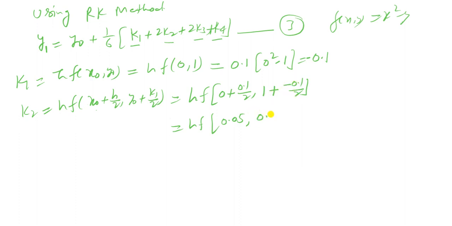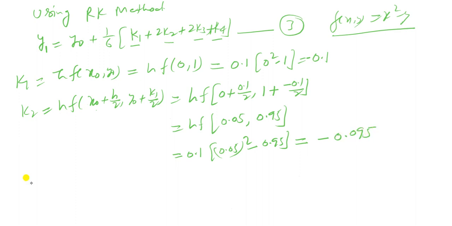So this will be 0.95, and using f of x y is equal to x square minus y, h is 0.1, 0.05 square minus 0.95. Simplify this with the help of the calculator, then we obtain negative 0.095 correct to 3 decimal places.